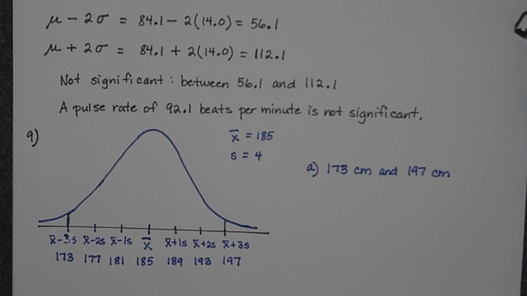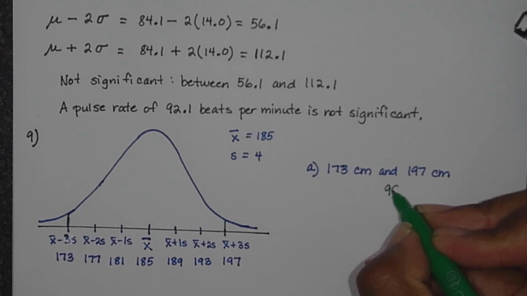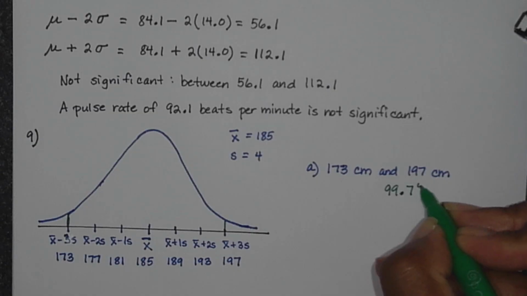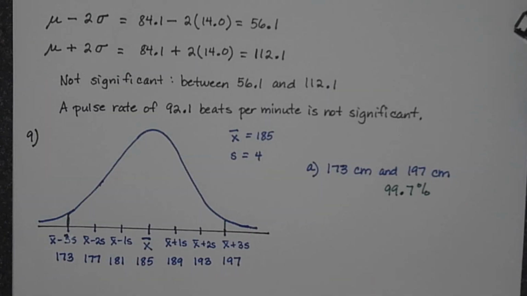What percentage fall within those two? 99.7, because they're both within 3 standard deviations of the mean. So 99.7% of those heights of men on a baseball team will fall within 3 standard deviations of the mean. Okay?